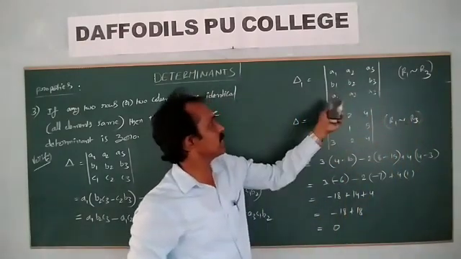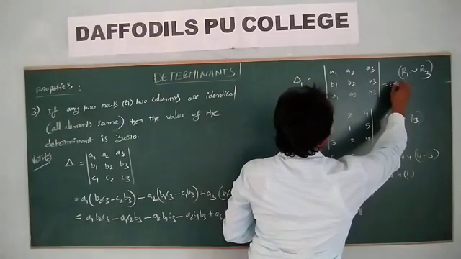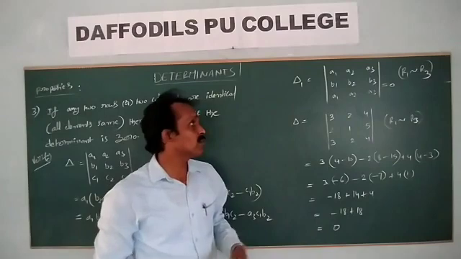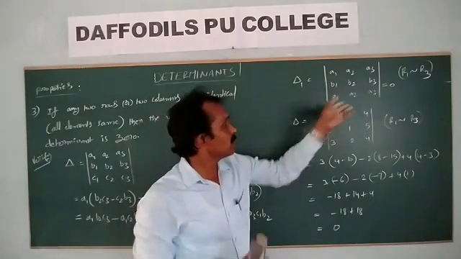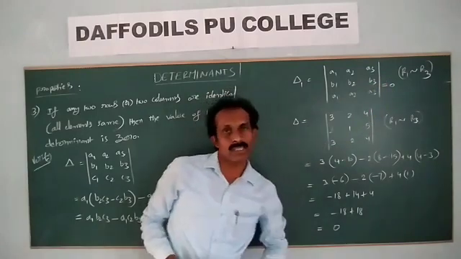Its value is 0. Directly use this property. Problems can also be solved easily by looking, without any expansion. Directly you can say that the value is 0.